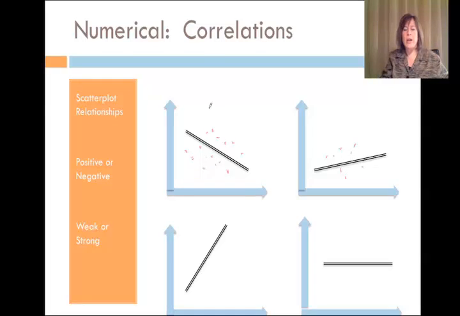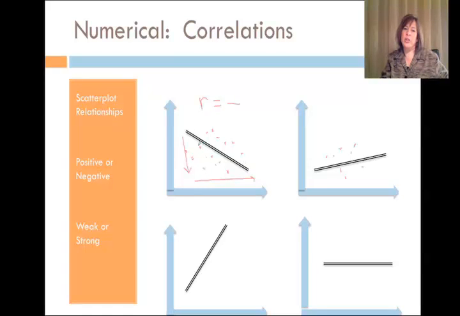Okay, so what might the R be if you saw a scatter plot that looked like this? Well, it's an inverse relationship, because as you go up on the x-axis, you're actually going down on the y-axis. It's an inverse relationship, so it's negative.